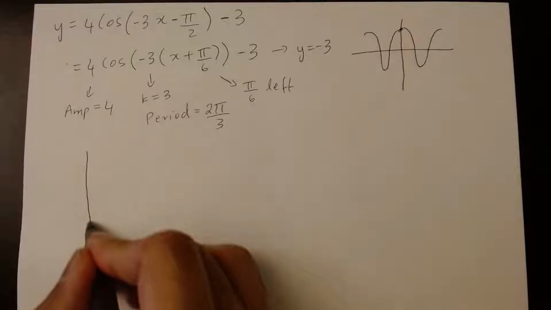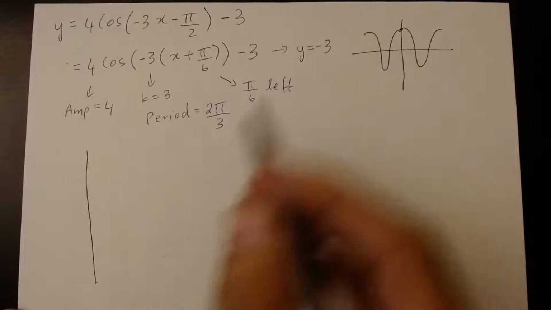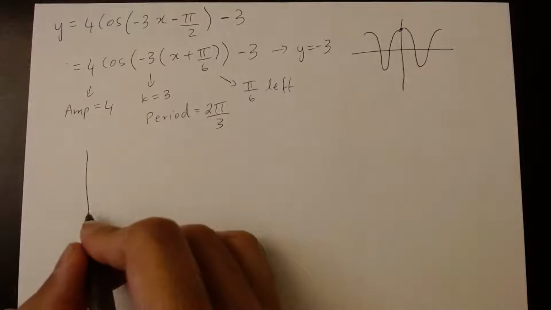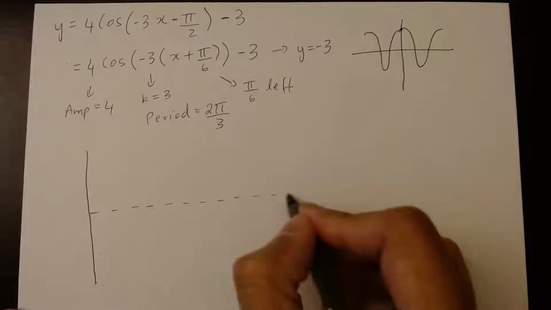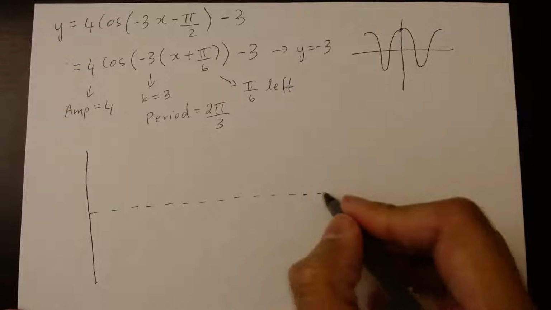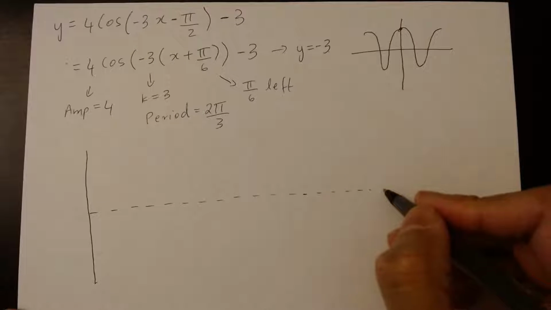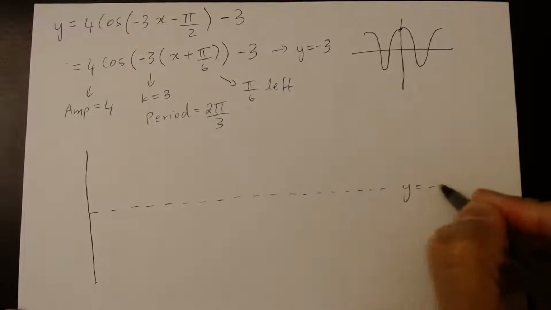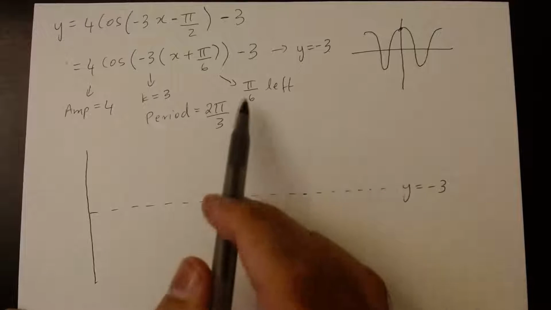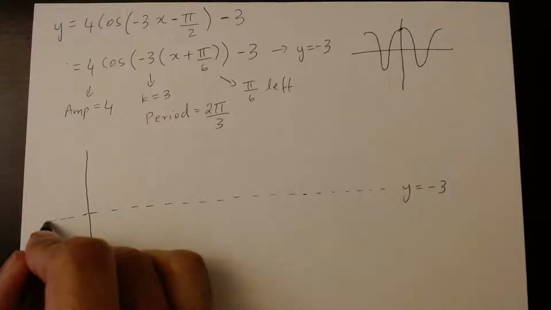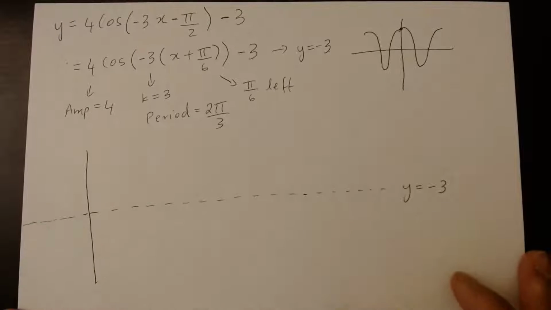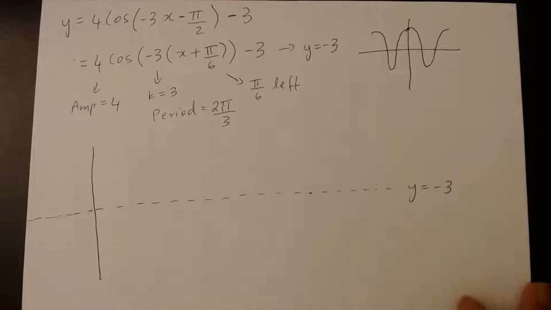Always start with my y-axis, and then I draw my equation of axis, which is y equals -3. And since I have a phase shift of pi over 6 to the left, I'm going to extend it a bit on this side as well, because my first point is going to be on the left side over here.